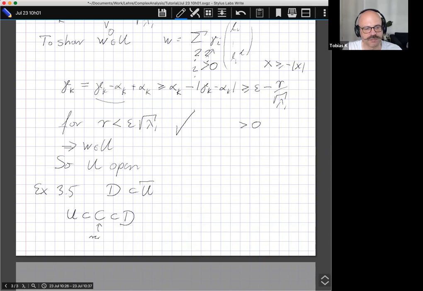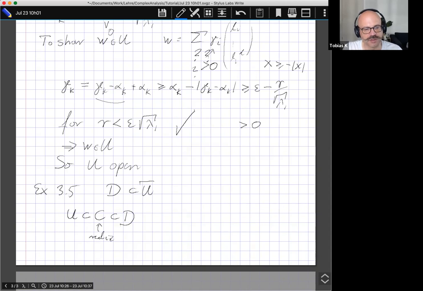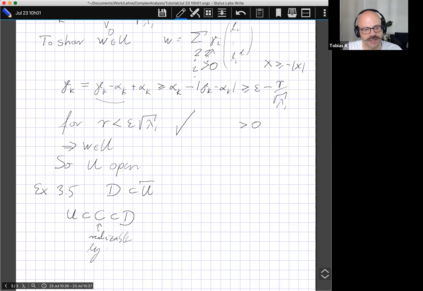This is realizable by finite, this is realizable at all, and this one is, one could say, realizable with positive coefficients.